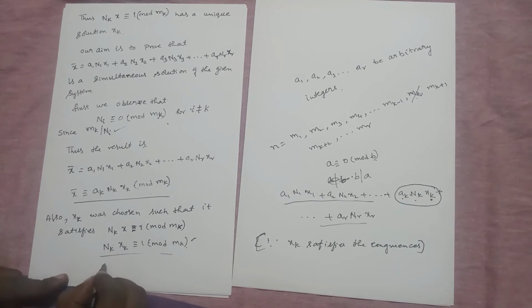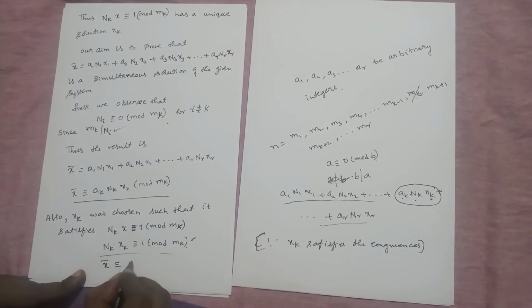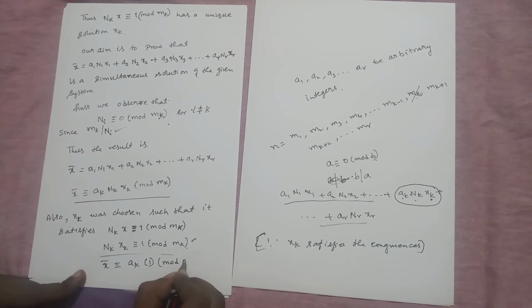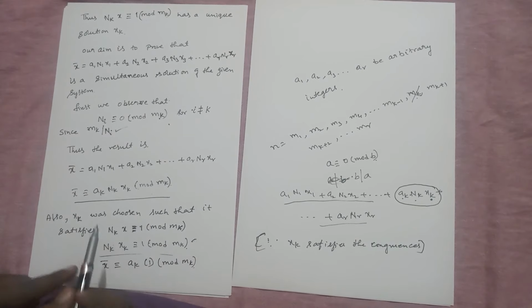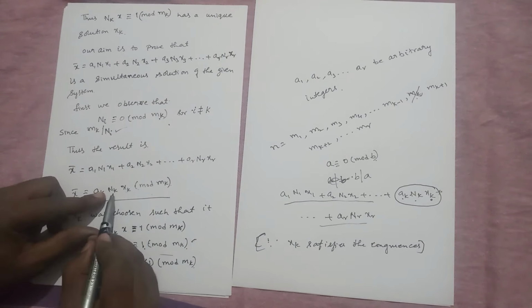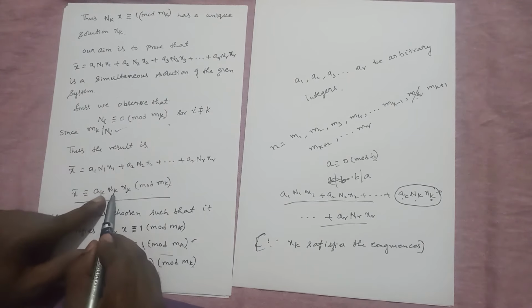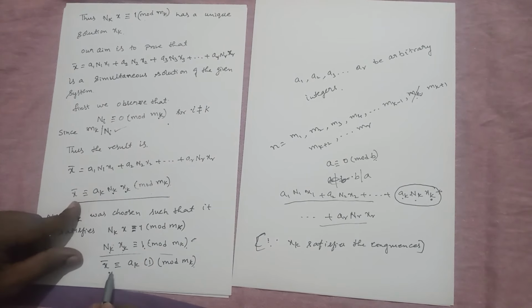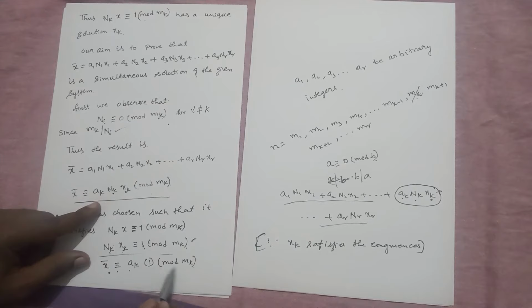So this can be written as x bar is congruent to ak into 1 mod mk. So I am substituting here. What is nk? nk into xk is 1. So nk into xk is 1. So I am substituting here. So we get this result. x bar is congruent to ak 1 mod mk.